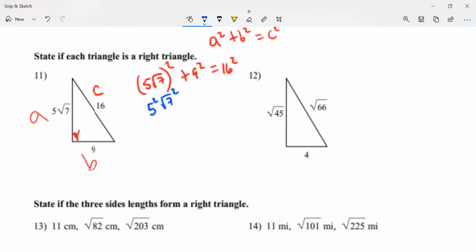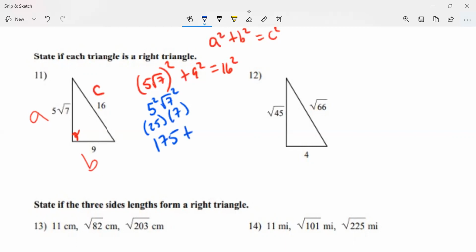I know 5 squared is 25. Radical 7 squared is just 7. And then combined, 25 times 7 is 175. So 5 radical 7 all squared is 175. Remember, I did 5 squared, I did the radical squared, and then I combined.